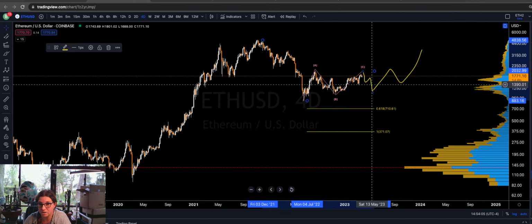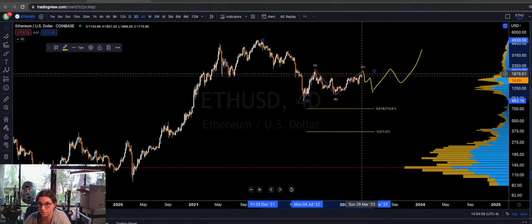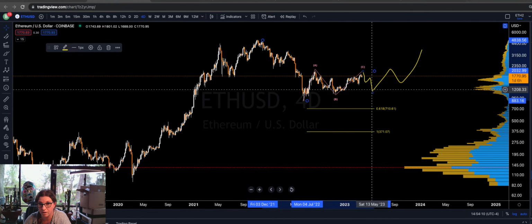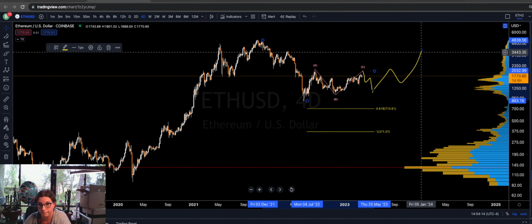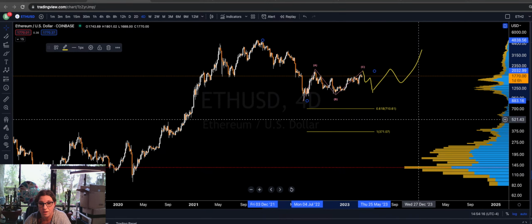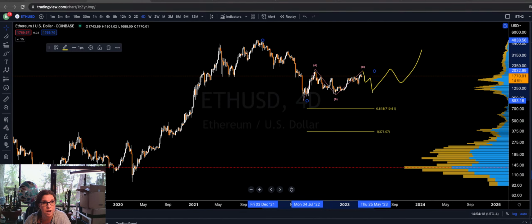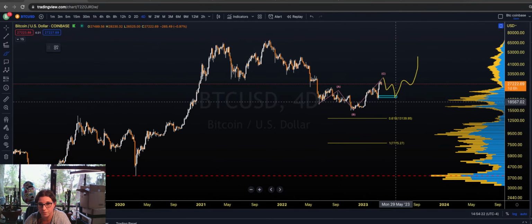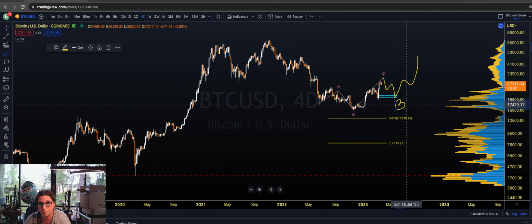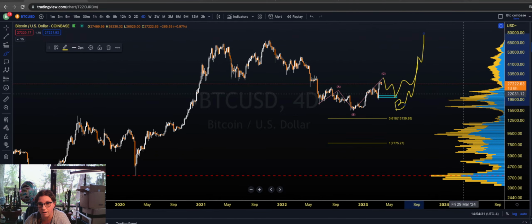But we don't necessarily have to say that this is over, okay? It can give us a bigger connector here. It could even put in a B wave that takes the high, okay? Say that this comes deep enough, and we can say that it's a B wave. It could put in a ripping C wave right here and break the high.